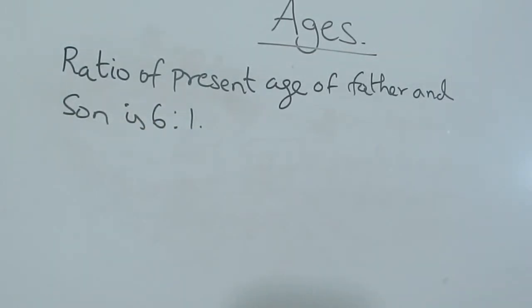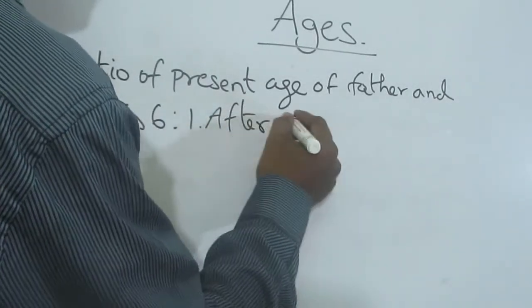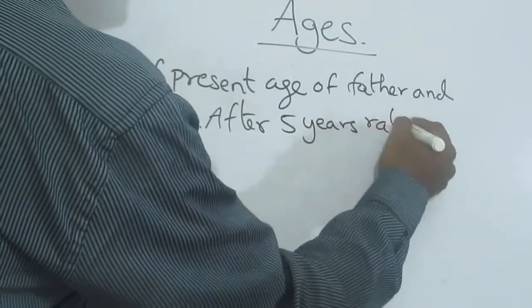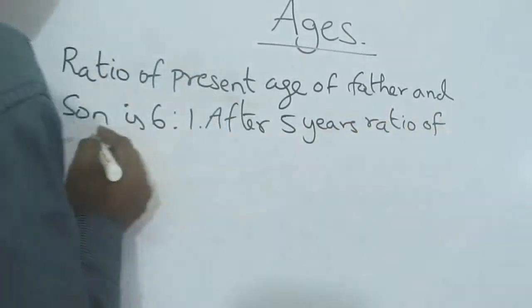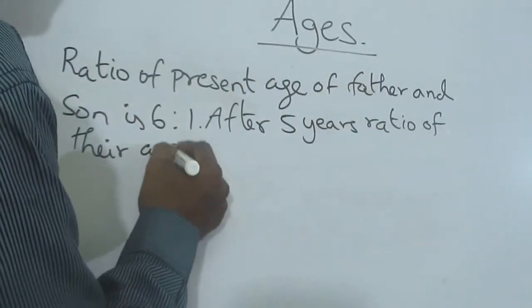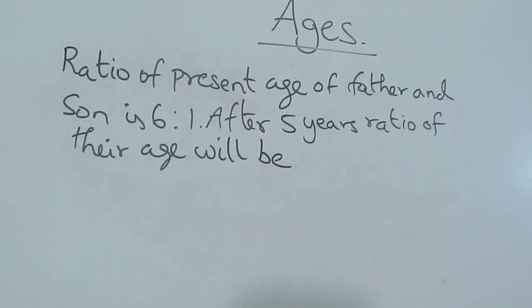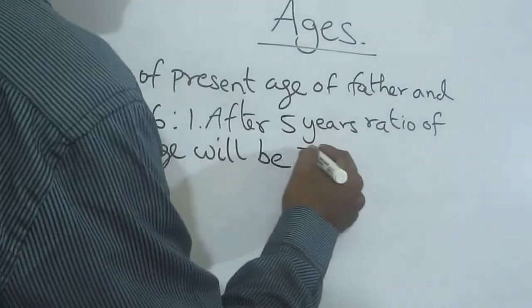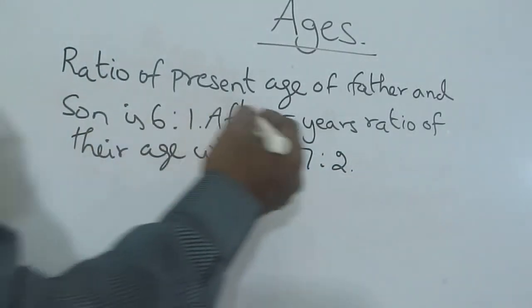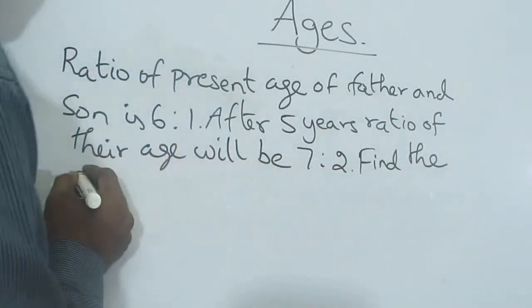After 5 years, the ratio of their ages will be 7:2. Question is, find the present age of the father.